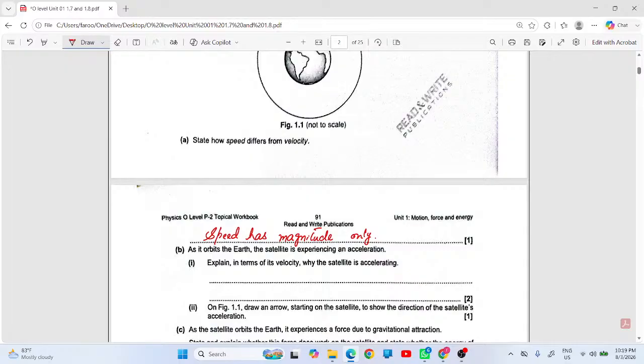What will it be here? As it orbits the earth.